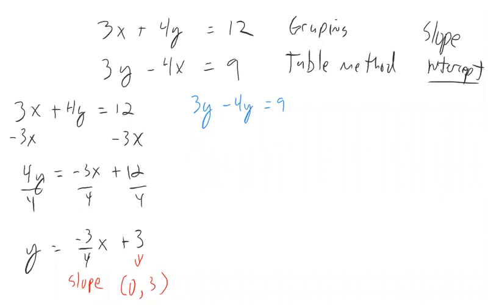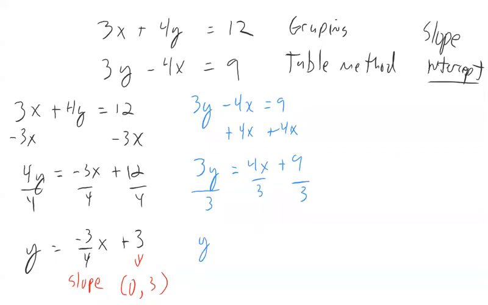Oops, 4x, not 4y. And now I am going to add 4x to both sides. 3y equals 4x plus 9. And I'm going to divide by 3.